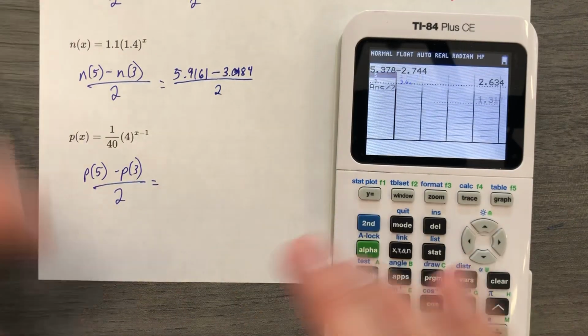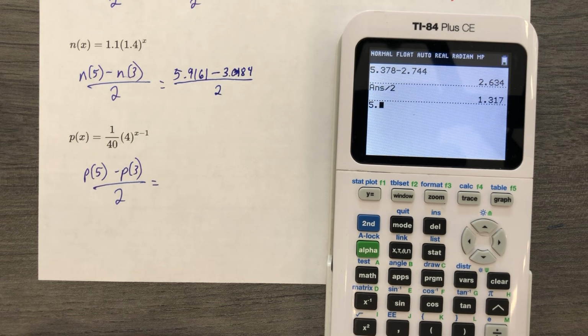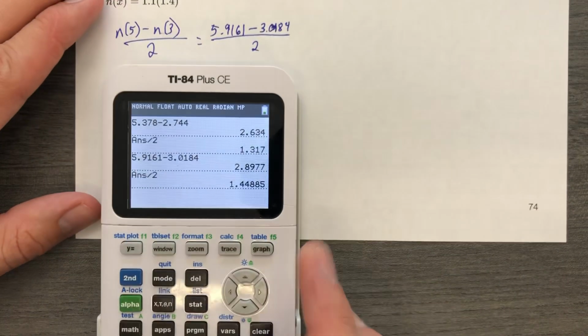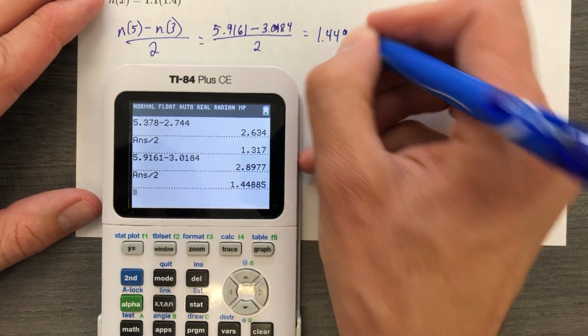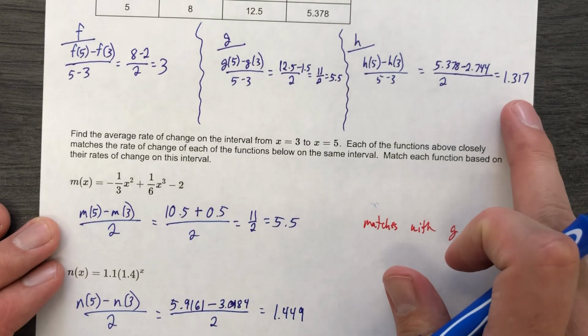All right, let's do it. We divide that in half, and we get 1.449, which I think matches kind of closely to this. I didn't say it would be perfect.